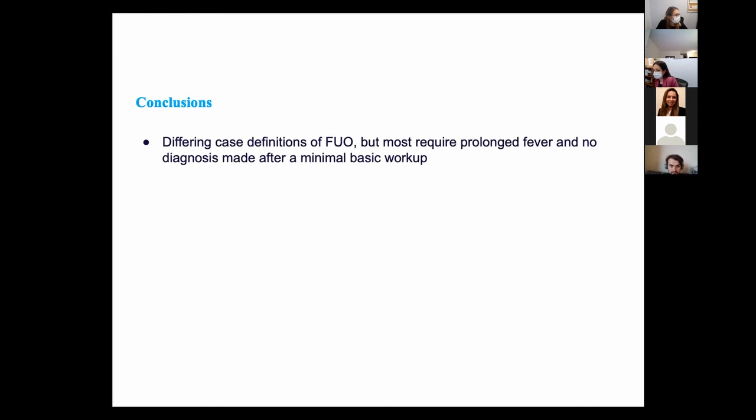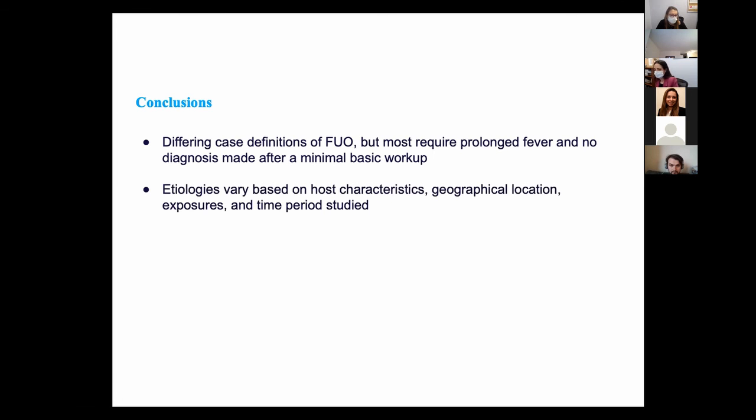So, conclusions basically, so there's differing case definitions, but most of them require you to have a prolonged fever and no diagnosis after a minimal basic workup. The etiologies vary widely based on host characteristics, exposure history, geographic location, and which time period you're looking at actually.